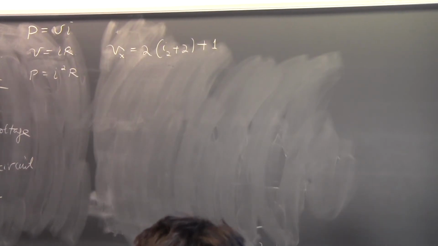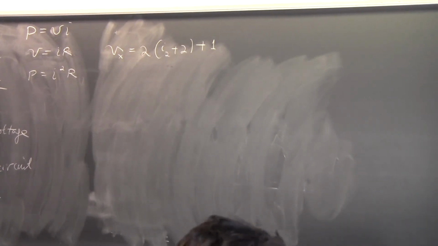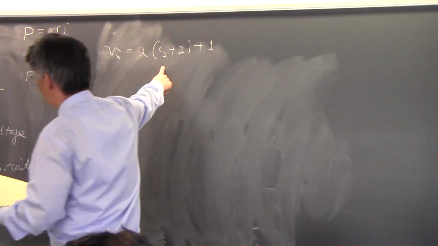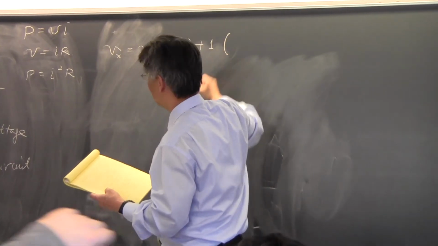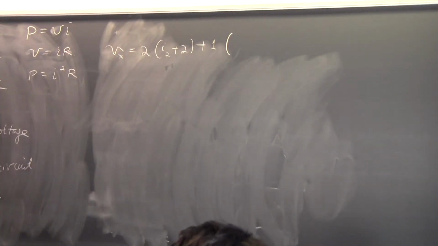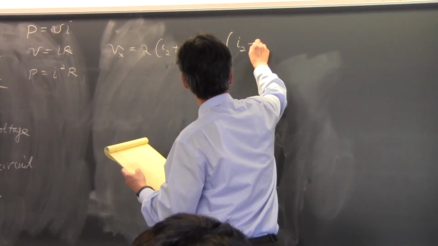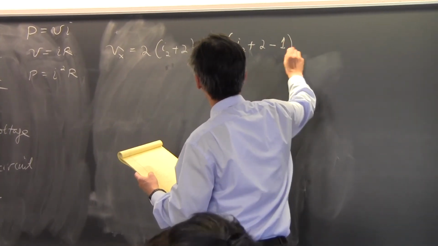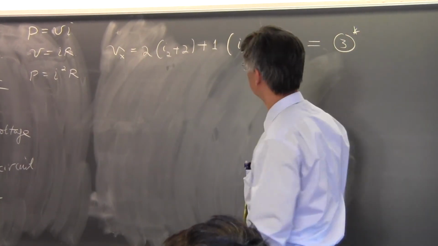Okay, I'm not trying to think of I3 as being independent of I2. I3 and I2 are related to each other by this equation. So whenever I see I3, I use this equation to replace it. So the first term on the right hand side just becomes this one. And then I have I3 again. I'm going to do this replacement. So it will be I2 plus 2 minus 1. So I can write the equation 3 in this manner.